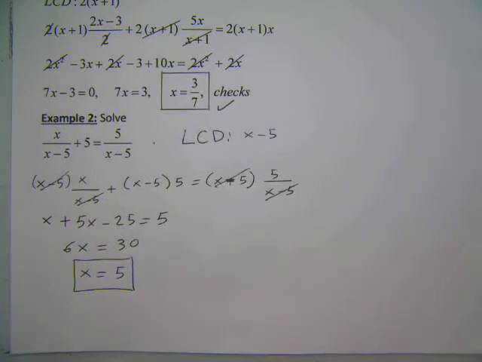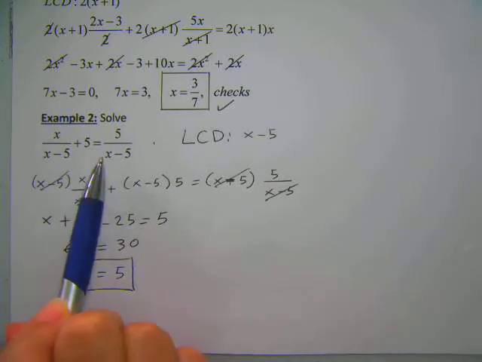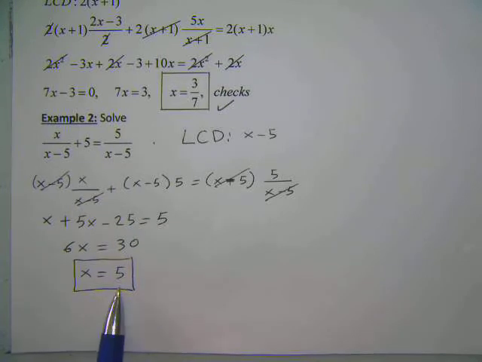Again, we're not done until we check. What do we check? Not whether it's the right answer or not, that's up to you if you want, but you check the denominator. Does this answer 5 make the denominator 0? In this case, absolutely.